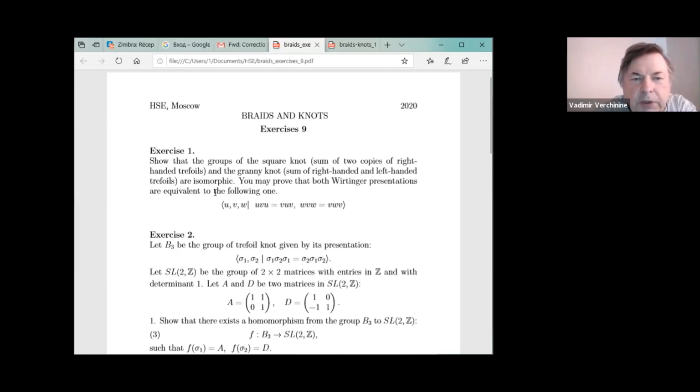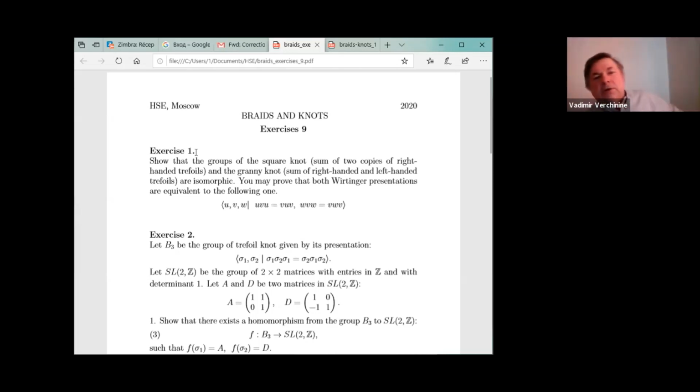We noticed that the note group of the right-handed and left-handed trefoils are the same, but they are in this position that one is the mirror image of the other. So now we construct 2 notes.